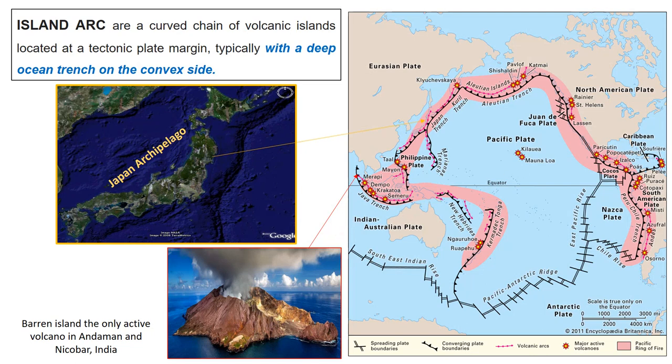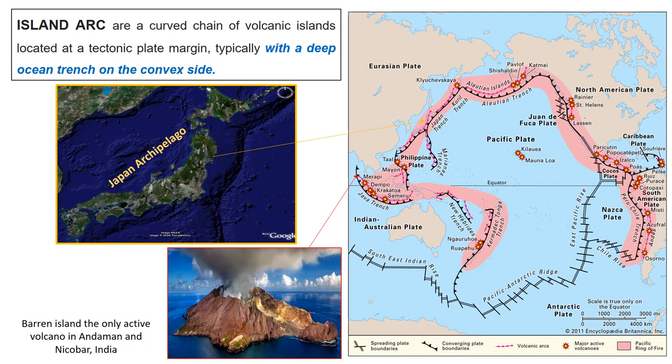That is why we have this area coated with pink. This is known as the Pacific Ring of Fire because it is a chain of volcanic areas.